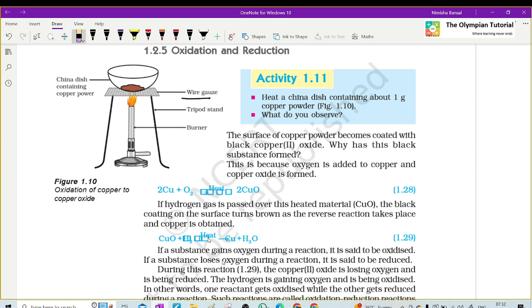With the heading, ma'am. For oxidation you will write: oxidation is the gain of oxygen or loss of hydrogen.